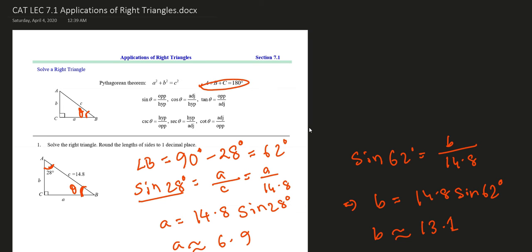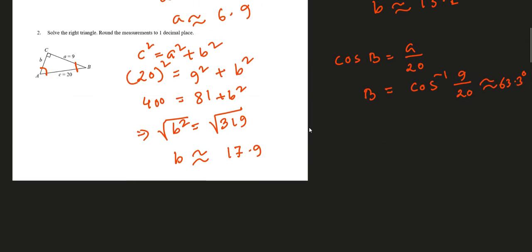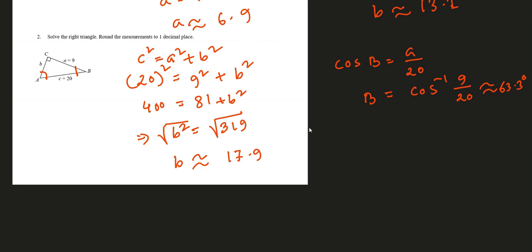Similarly, we can use the property that the sum of three angles is 180 degrees to find the other angle, or we can use trigonometric definitions as well. So let's use the easier one.